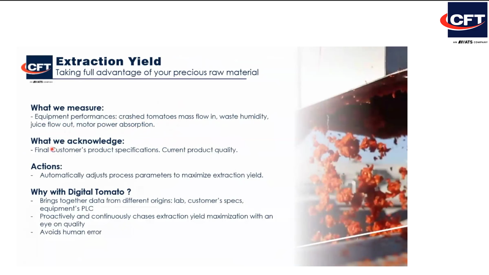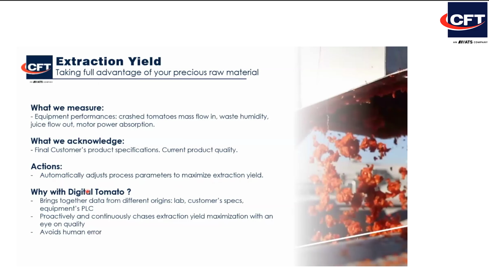We are also acknowledging final customer product specifications in terms of finish, black specs, and so on. The current product quality. Through those values that we're measuring, we put in place actions like the automatic adjustment of process parameters to optimize and keep the extraction yield at a very high level.